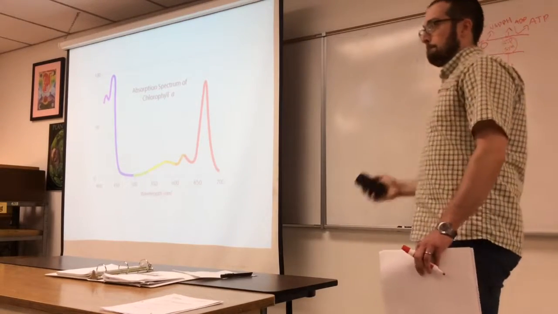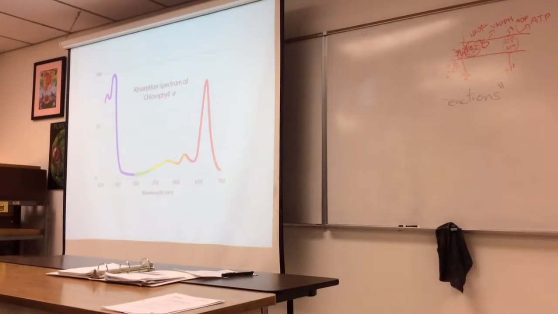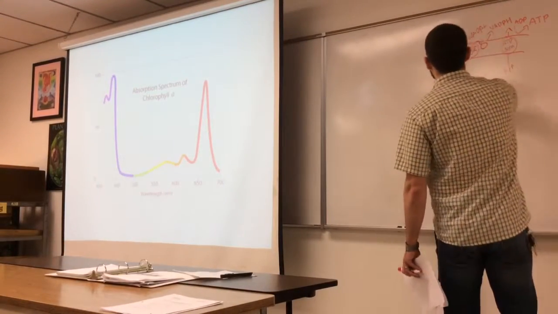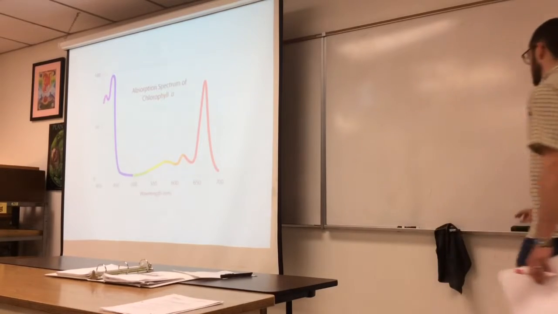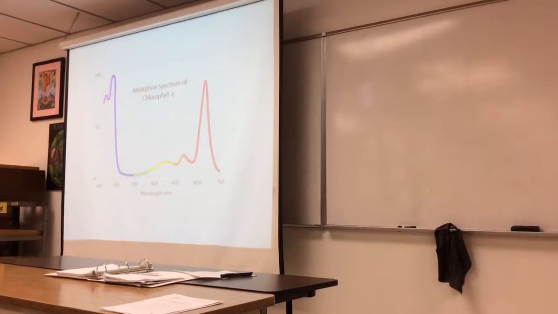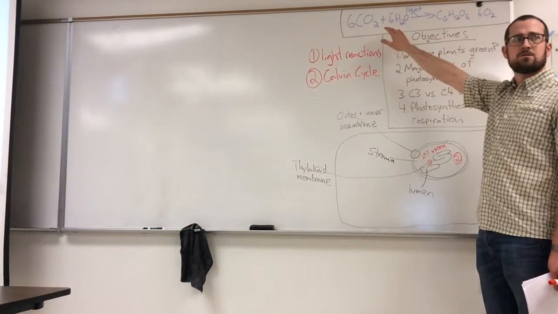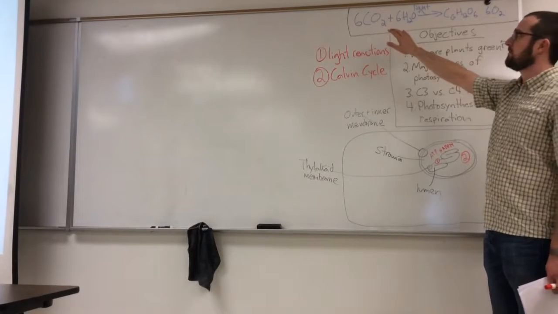It's dependent upon light reactions for ATP and NADPH. So if we think about what we just talked about with the light reactions and look at our equation for photosynthesis, we can see that we've accounted for some of the components thus far.